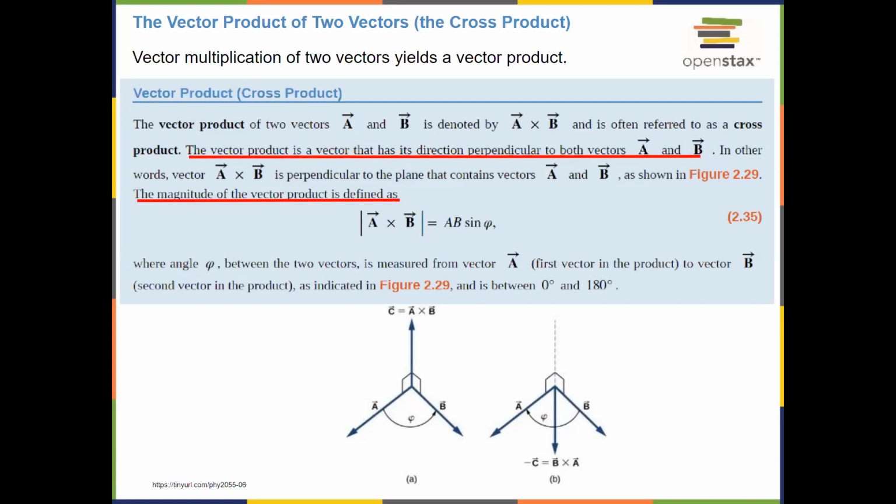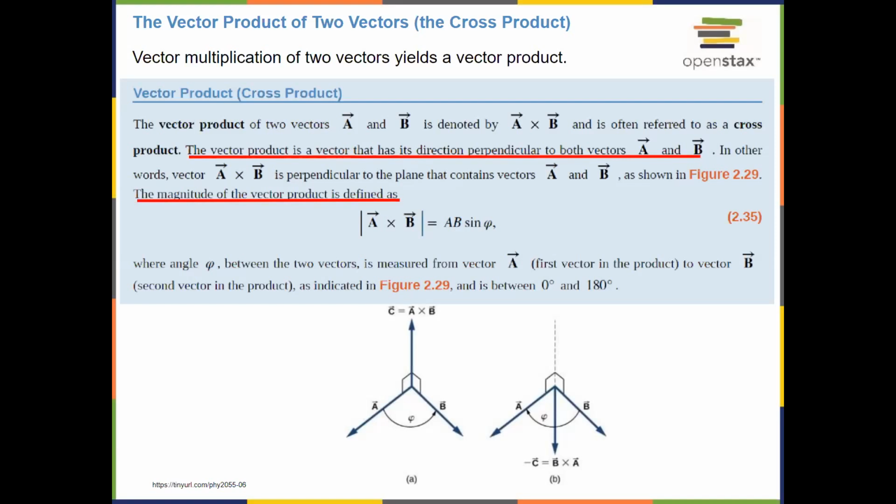The magnitude is the magnitude of A times the magnitude of B times the sine of the angle between the two vectors. Previously, with the dot product, you had cosine. So the magnitude is AB sine of the angle between the two.